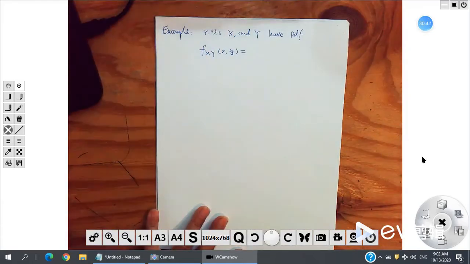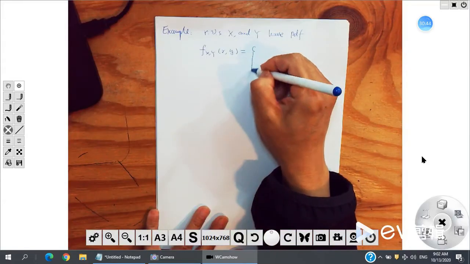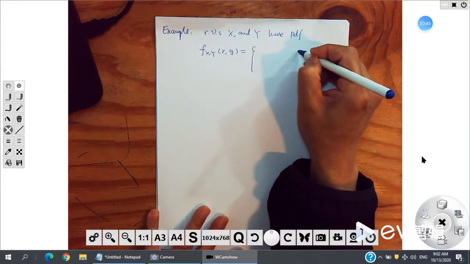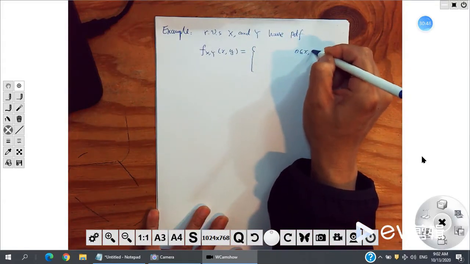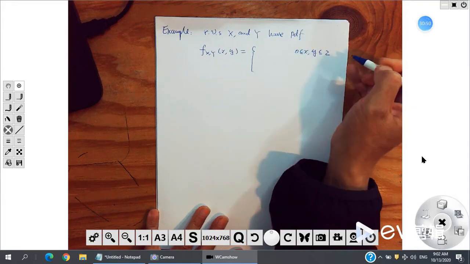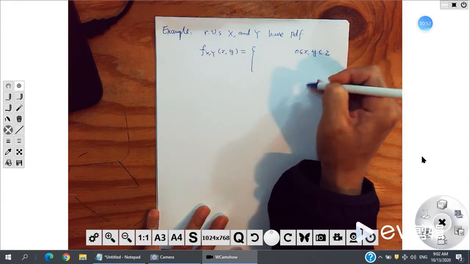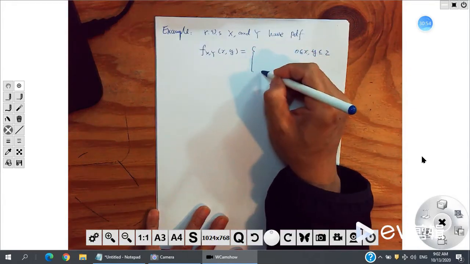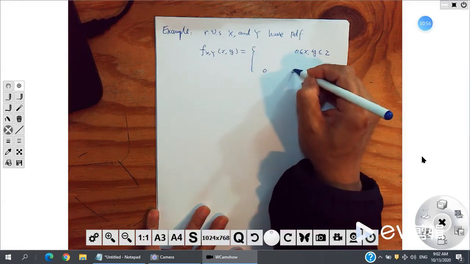Which number will be good? Suppose for both x and y between 0 and 2 they have some value here, and 0 otherwise.